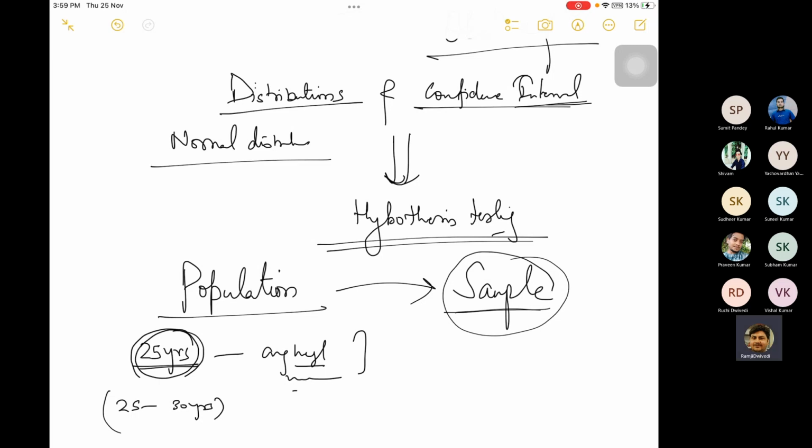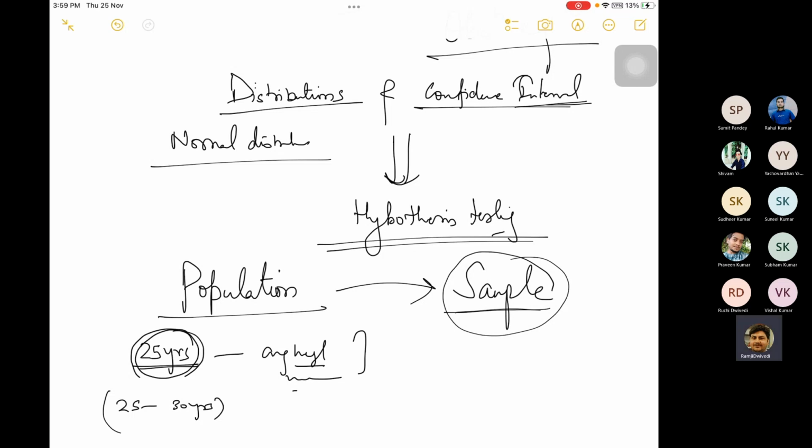At that time we should work with samples, but the sample has to be representative of the population. Representative in the sense that if we are talking about the 25 to 30 year age group, we should not select samples only from Uttar Pradesh or only Madhya Pradesh. We have to make the sample representative, and it should be from all states.